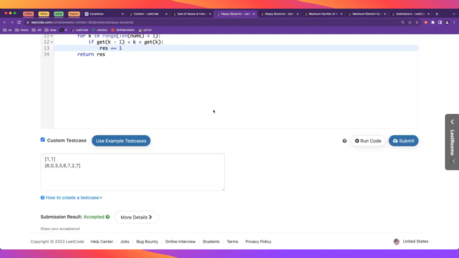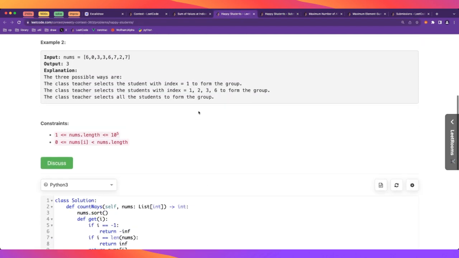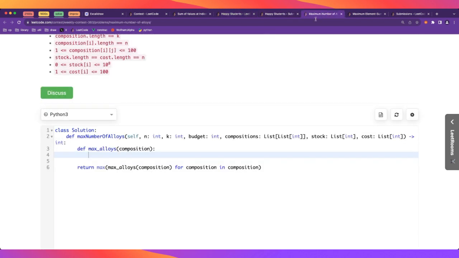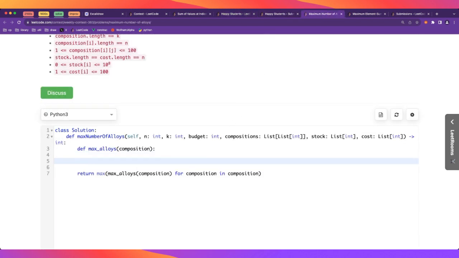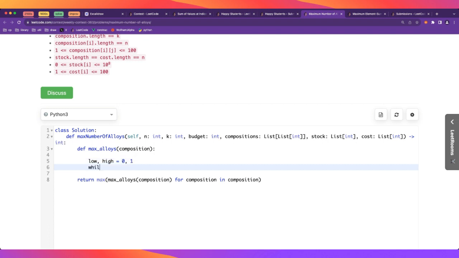So we just need to have a way to compute the cost. So let's say that we have a way to compute the cost. So low is 0, so for 0 alloys, we can do it. And let's say that high is initially 1. So we want the cost of high.